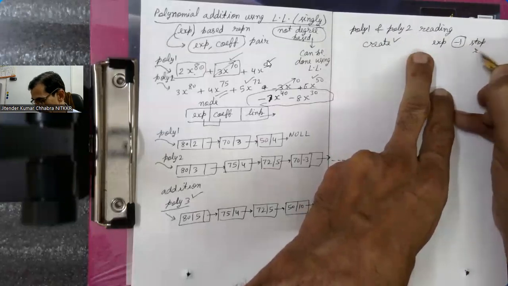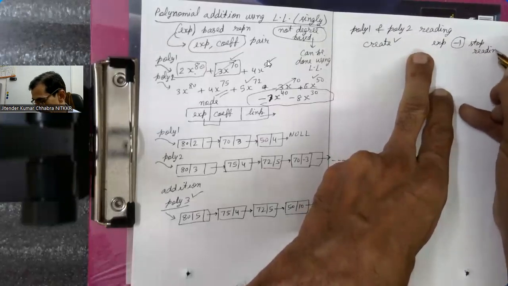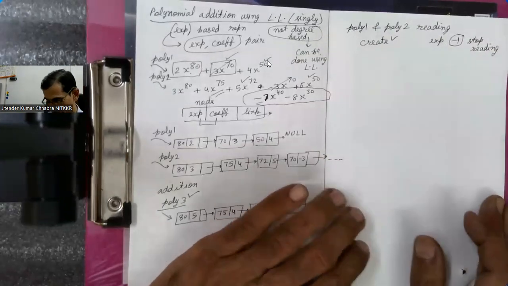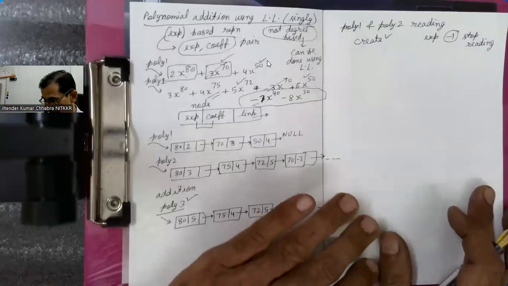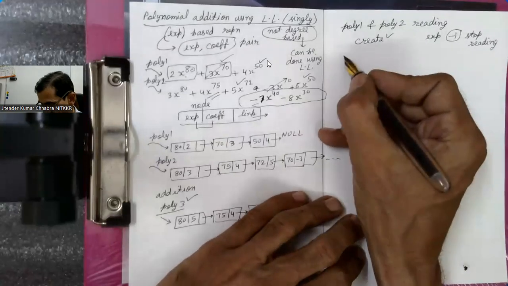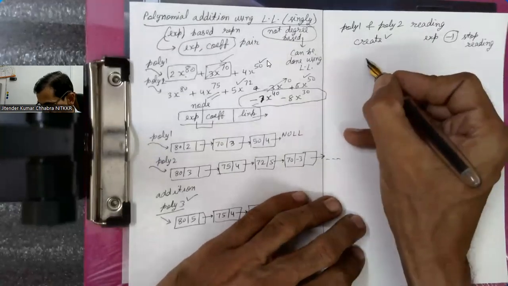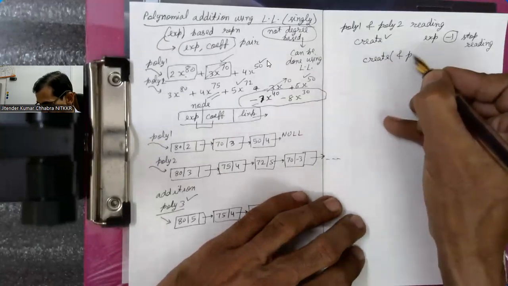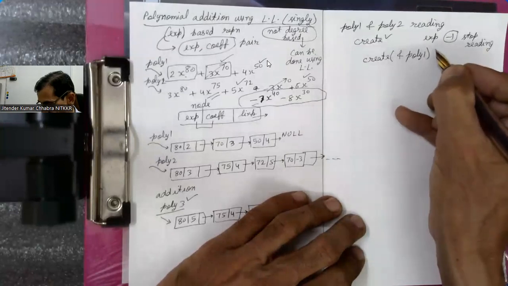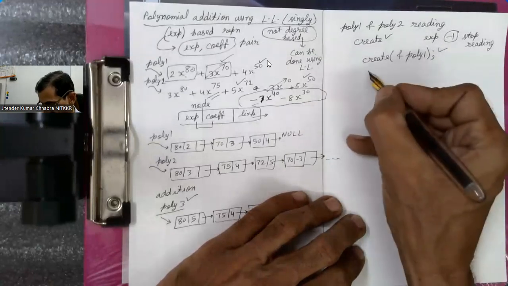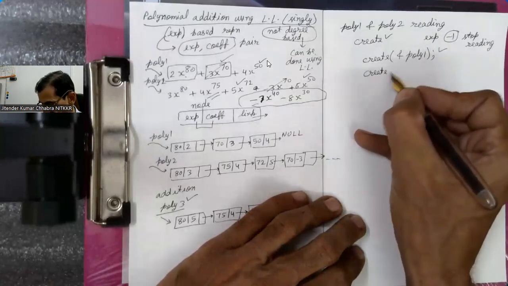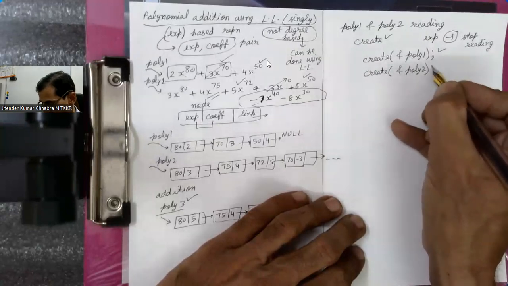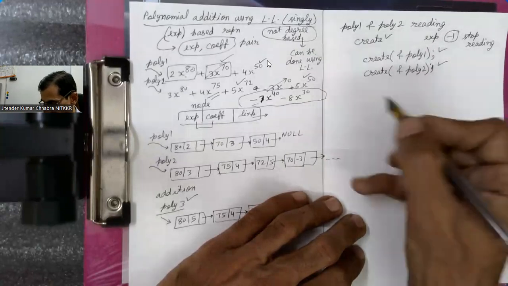Otherwise, terms are read one after the other, assuming they are always given in valid decreasing order of exponent. For the time being, I will use something like create on ampersand poly 1, meaning call by reference. So in main, create this. Similarly, the same function will read the second polynomial. So implement create also like this.